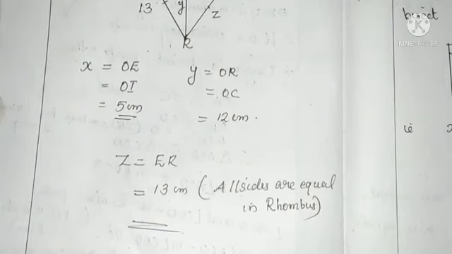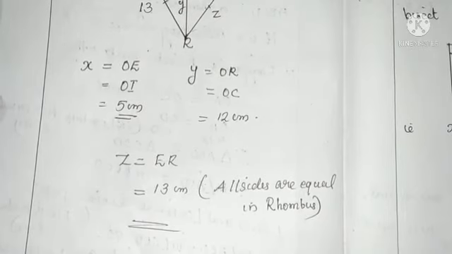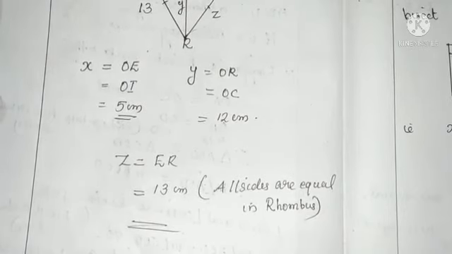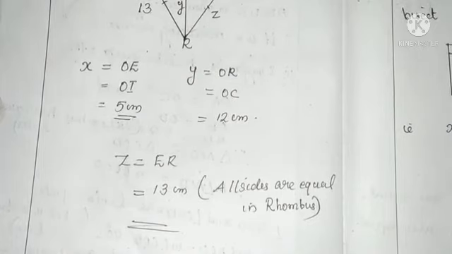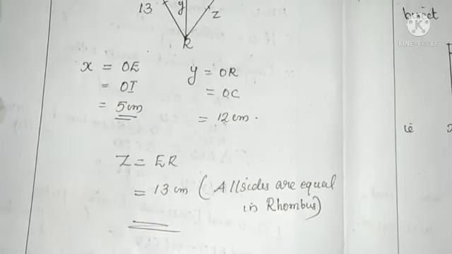Children, what is a rhombus? A rhombus is a parallelogram with all equal sides. So we can write EZ, ZI, IR and RE, or you can write the line segments and points, and they will be equal in length. So, we can write z equals 13 centimeter, because all sides are equal in a rhombus. Okay, did you understand, children?